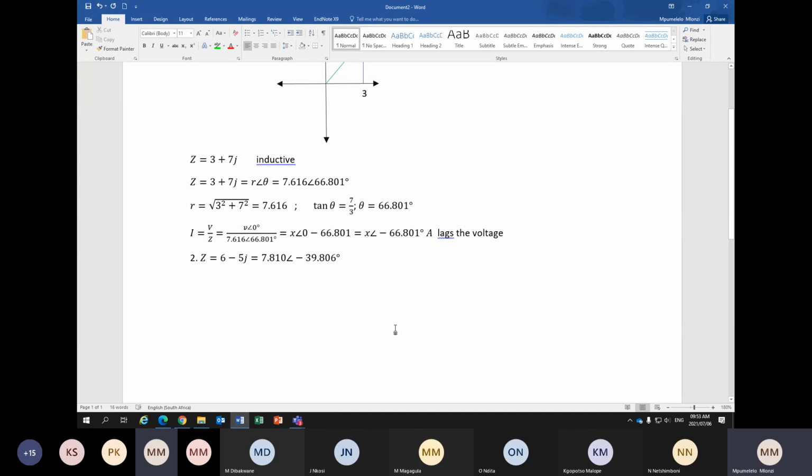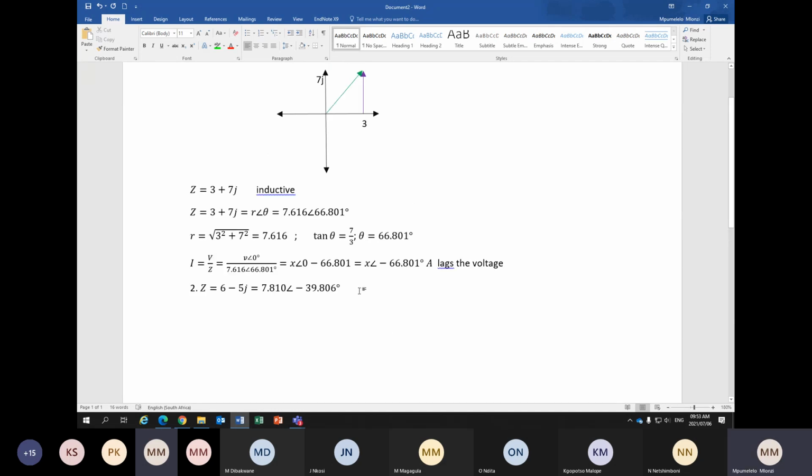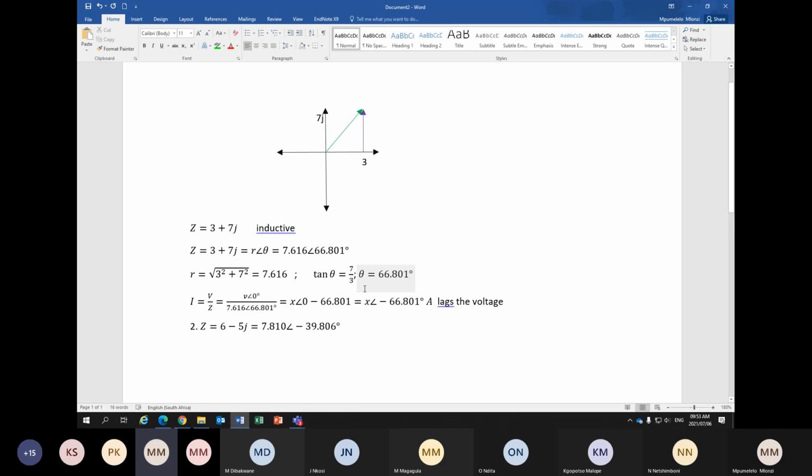Now, it is of importance to calculate the voltages of these impedances, the voltage across the components which are connected in the circuit, can be inductor or the capacitor.